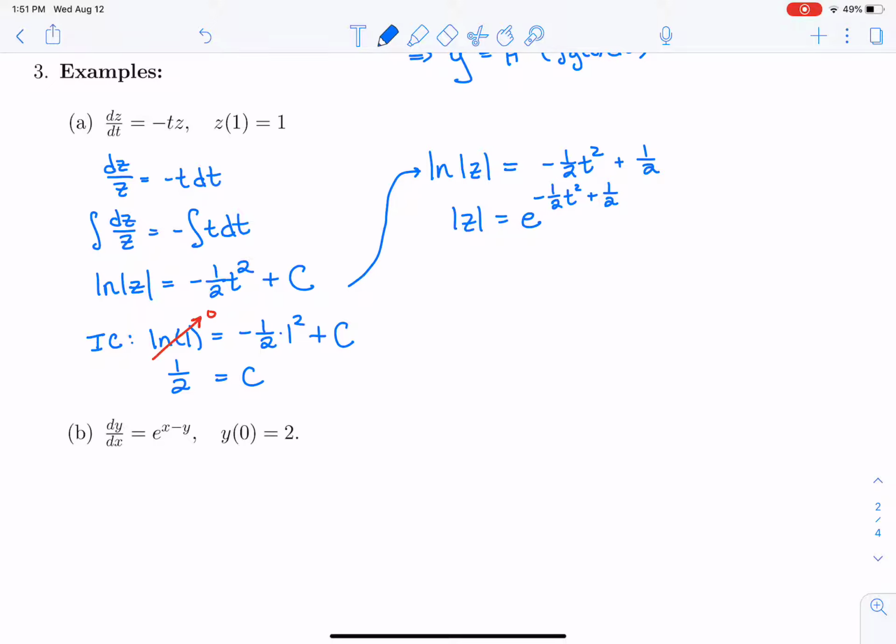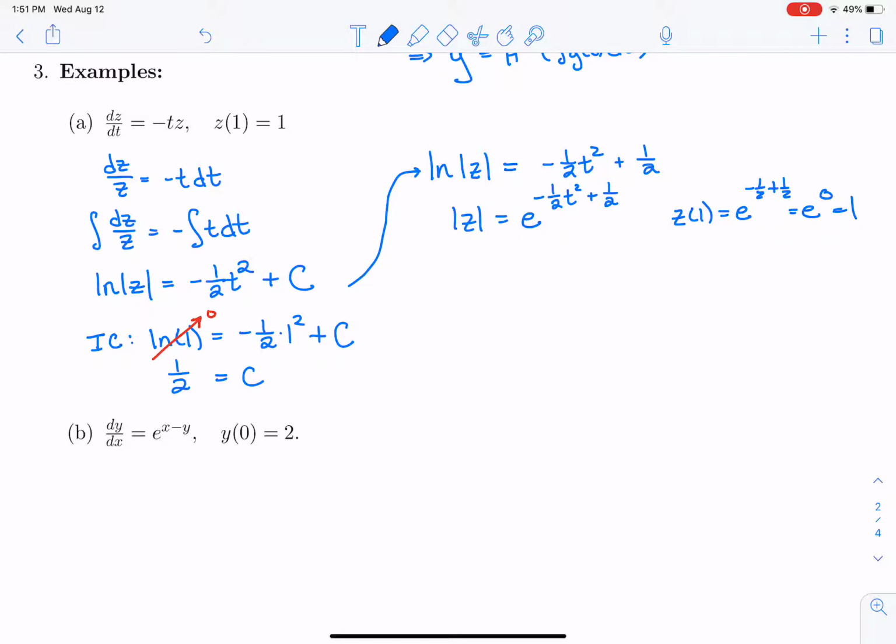So z of 1 is supposed to equal e to the minus 1/2 plus 1/2. That's e to the 0, which is 1. So that means that I need the positive from the absolute value.